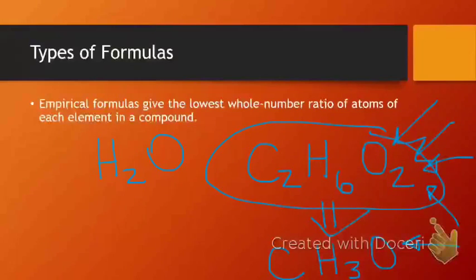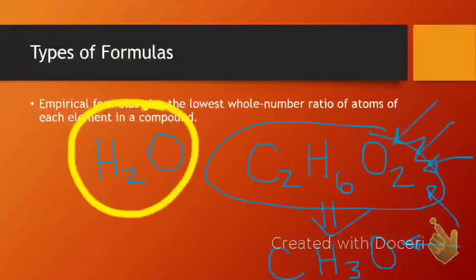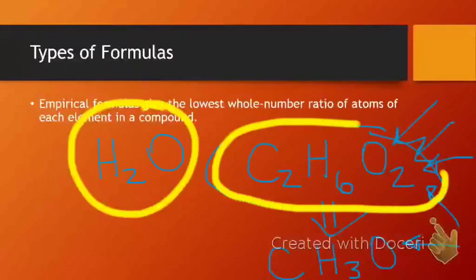It is possible, so for example with water, both the empirical and the molecular formula are the same. However, with other compounds, such as glucose, sugar, it's C2H6O2 is the molecular formula, but CH3O is the empirical formula.